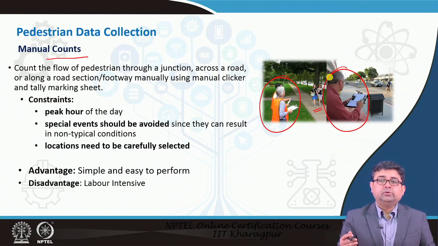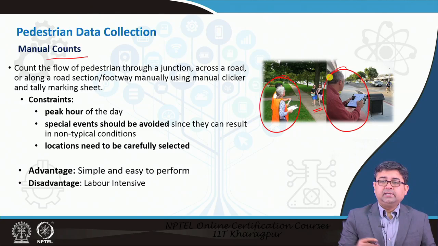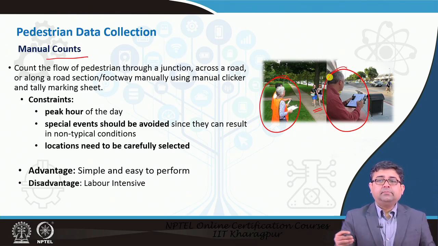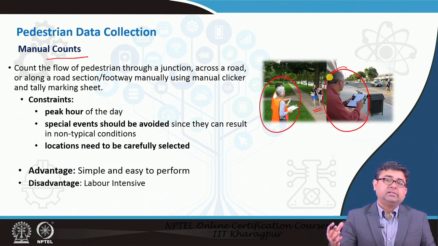Once you know the count, then you can sum it up and say that per hour there are n number of people that walk, or per day there are n number of people that walk, and then you can figure out which is the most congested period along the sidewalk, and which are the lighter periods. If that sidewalk is connected to a signalized intersection, then you can determine how much signal timing should be given for pedestrians to cross the street, based on the volume of pedestrians that approach the crosswalk.